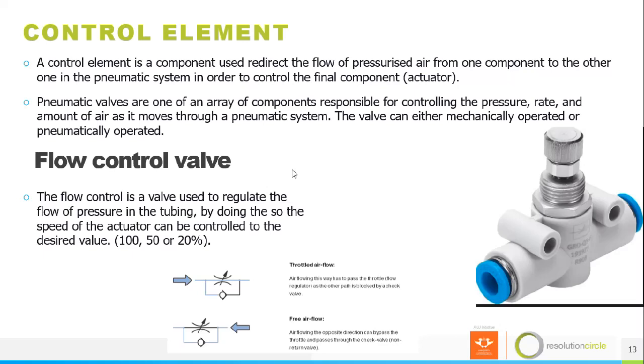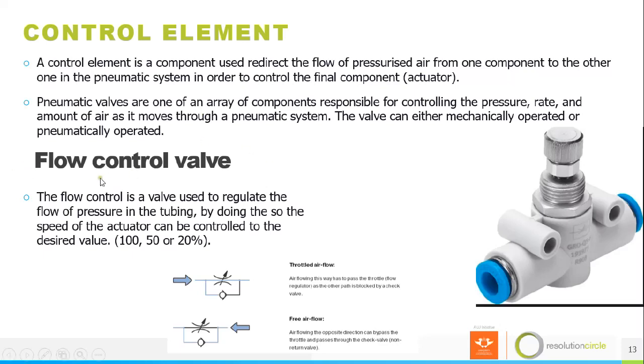Pneumatic valves are one of an array of components responsible for controlling pressure, rate, and amount of air as it moves through the pneumatic system. The valve can be either mechanically operated or pneumatically operated.